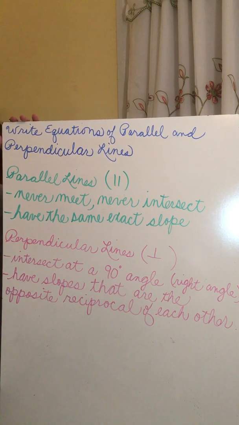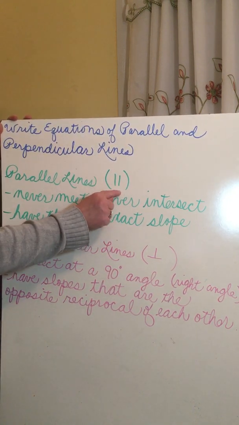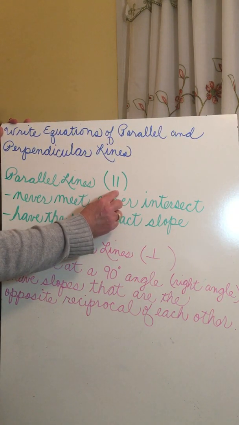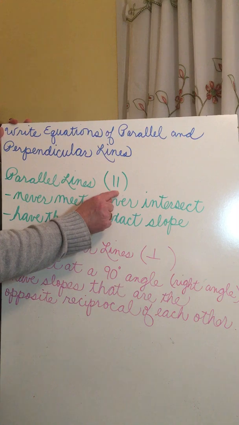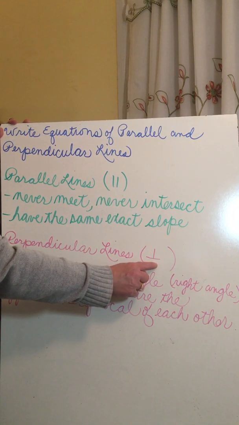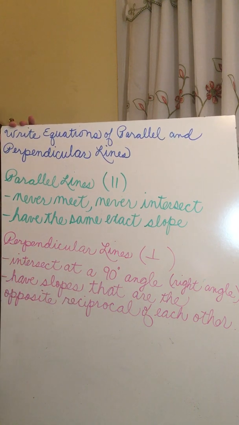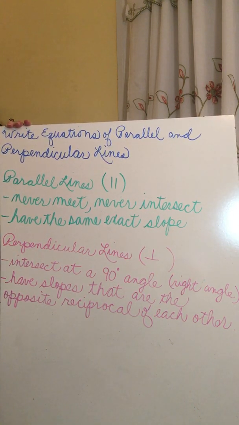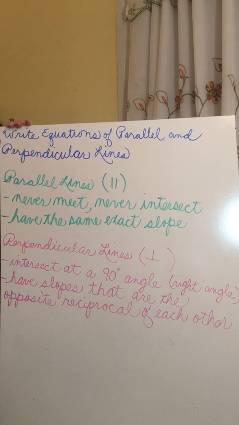Parallel lines are shown by what looks like a number 11. So these are supposed to show lines that will never meet. Perpendicular lines are noted by this symbol because perpendicular lines do meet, and they're a very specific type of intersecting pair.